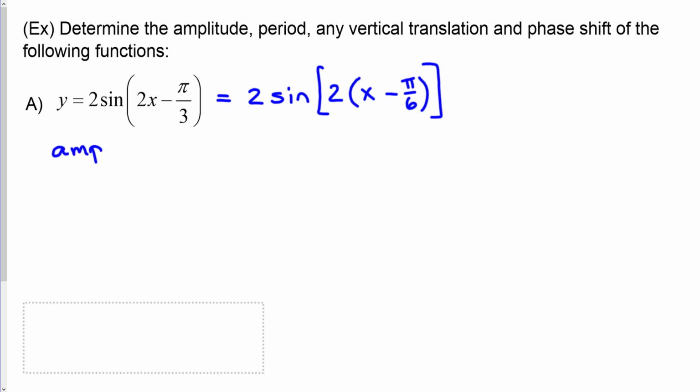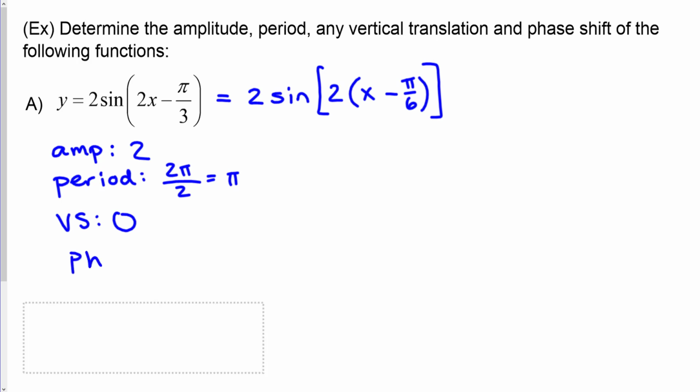So the amplitude is 2. The period is going to be 2 pi divided by 2, which is pi. The vertical shift is none, so it's not being shifted up or down any units.